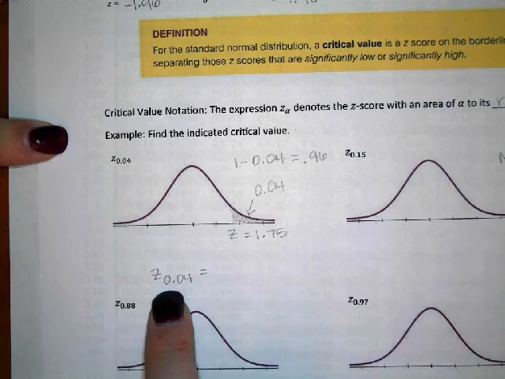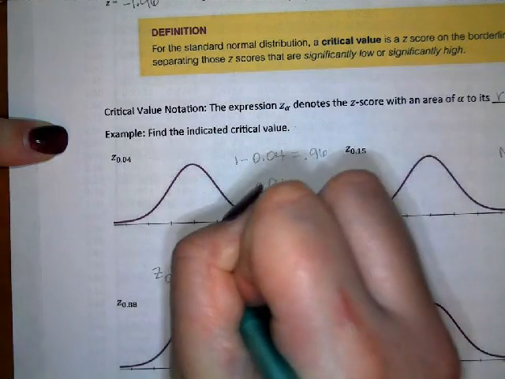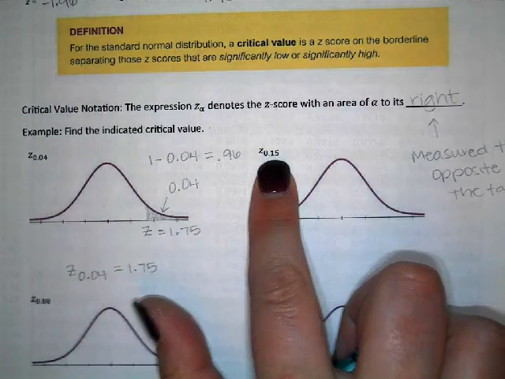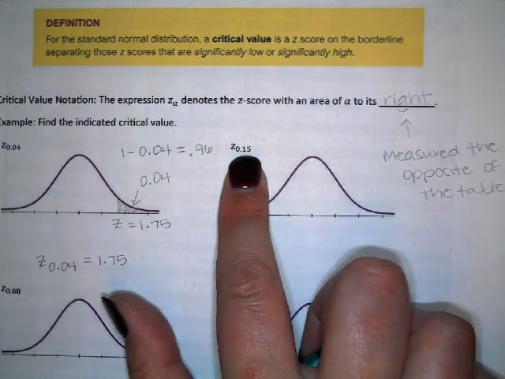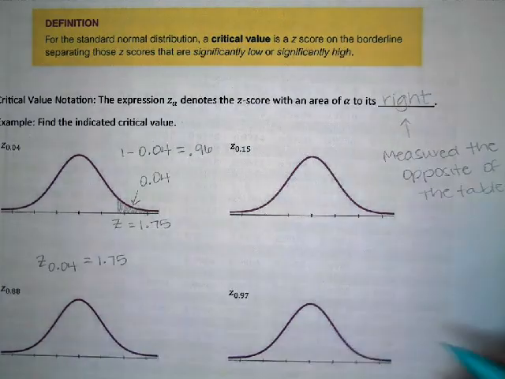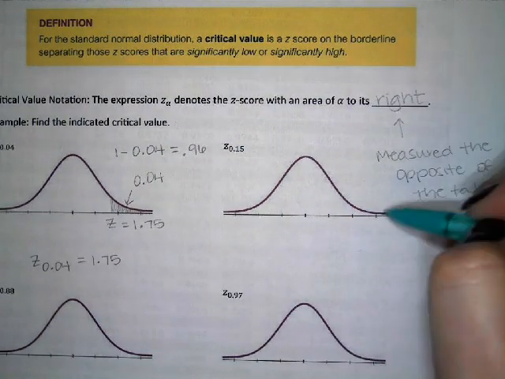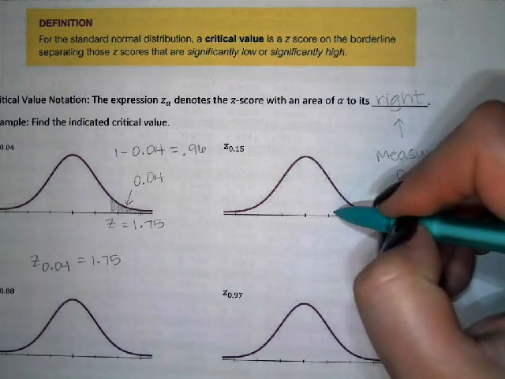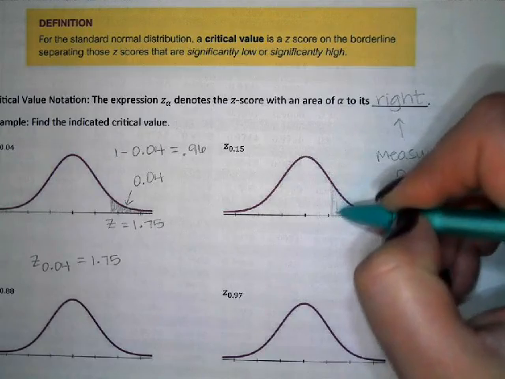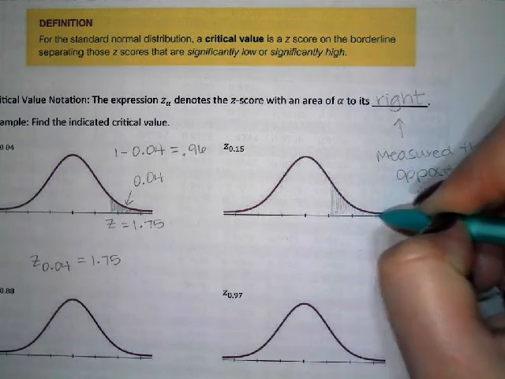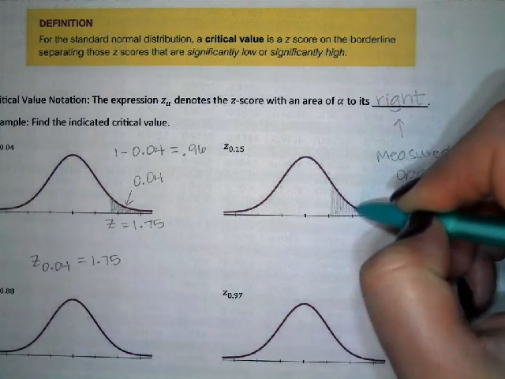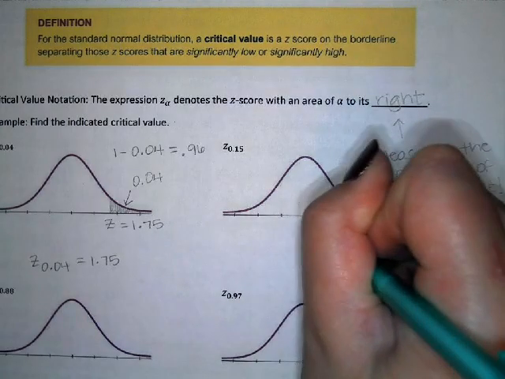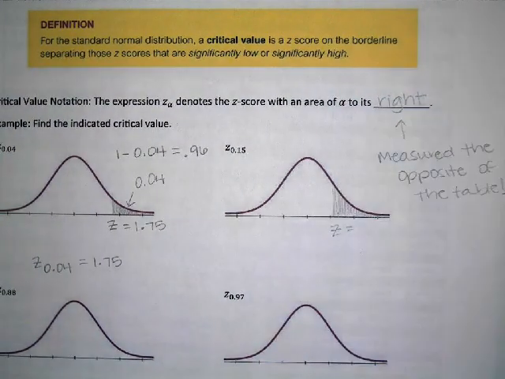Okay, for this one, they want the critical value when the probability is 0.15 from the right. So we know 0.15%, 2.35%, 13.5%. So this is going to be like, I don't know, most of that. I don't feel like doing all that math in my head. But it seems like that's probably the majority. Okay, and we're trying to find the z-score right here. So I'm going to look for 1 minus 0.15 on the table, which is 0.85.